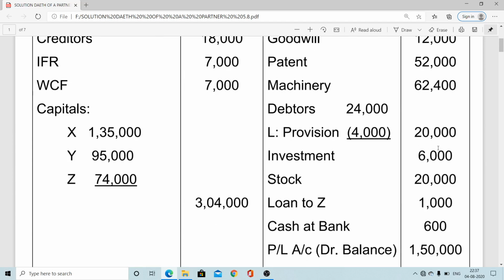If the investment value decreases, then we can utilize this reserve. But here the market value has increased to 8,200, meaning 2,200 more benefit arises. So therefore, this reserve is not required. This is totally excess. We have to distribute it to all partners in their old ratio.